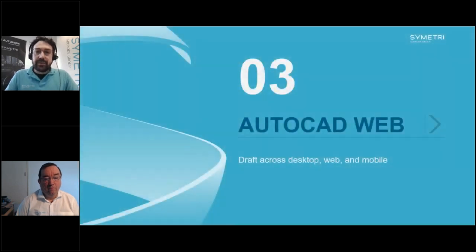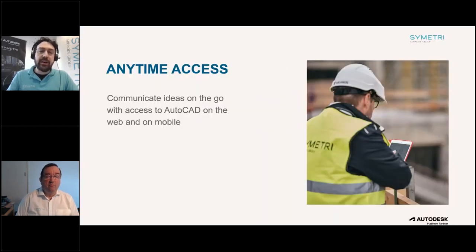The third tip that I want to give you is the AutoCAD web application. This web application is included with your subscription, so you can just go inside your browser, and you can, for example, access AutoCAD, and you can use AutoCAD from the browser.